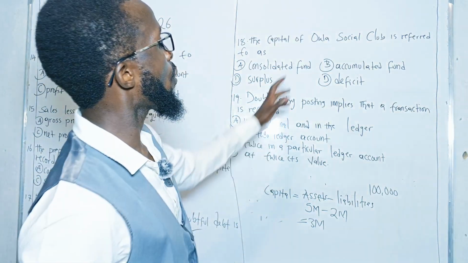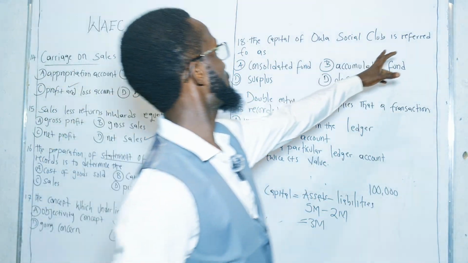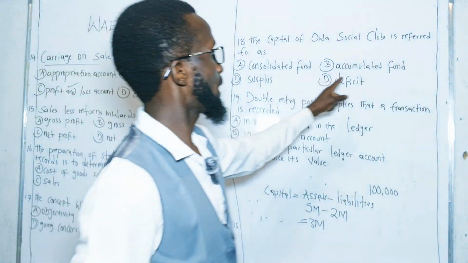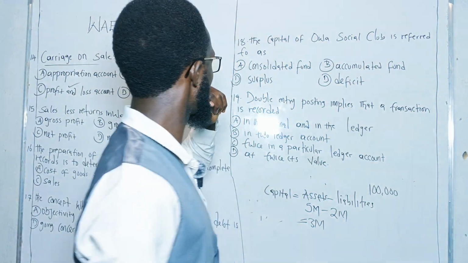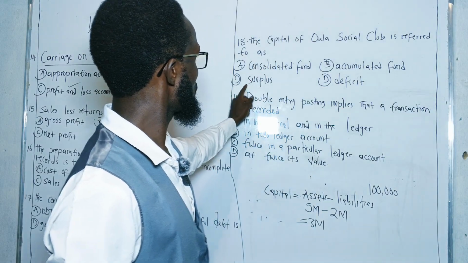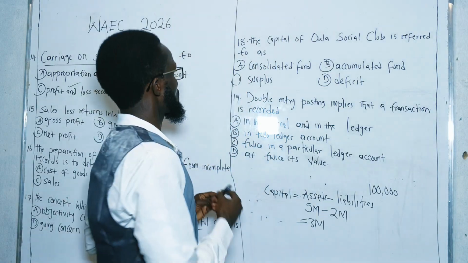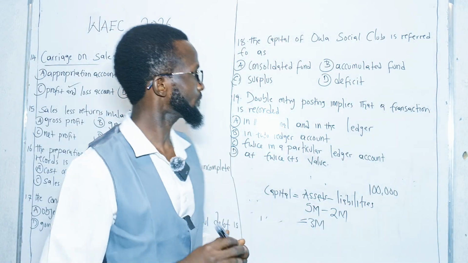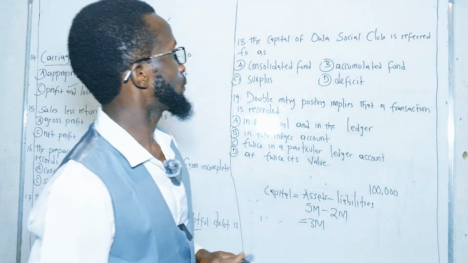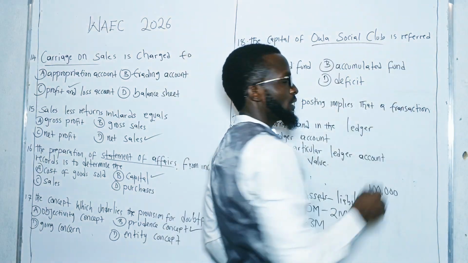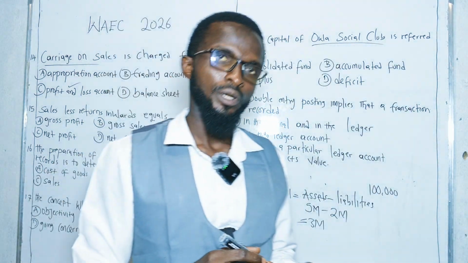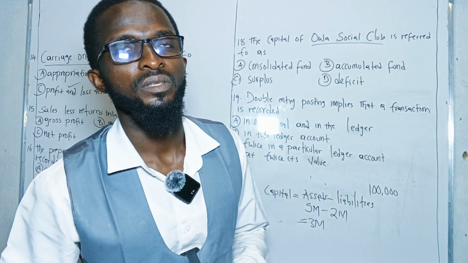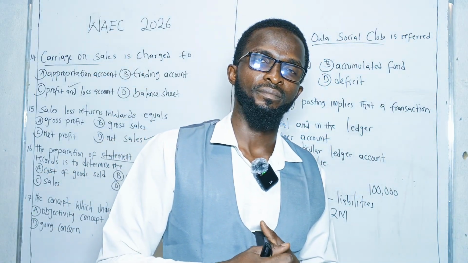Number 18. The capital of a social club is referred to as A. Consolidated fund, B. Accumulated fund, C. Surplus, D. Deficit. Social club. In business, the money you start the business with, we call capital.